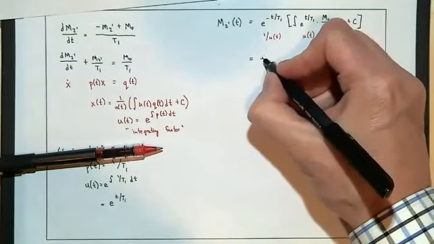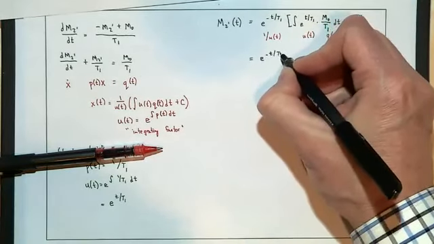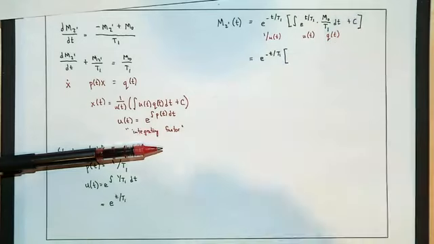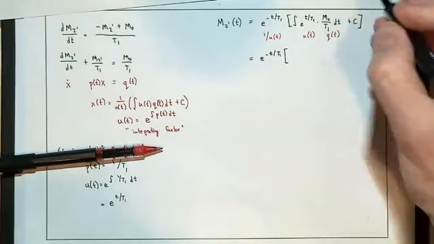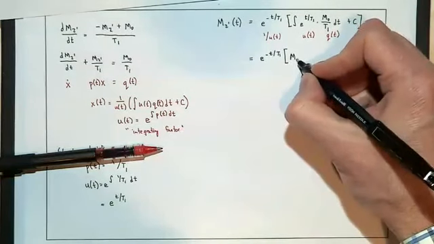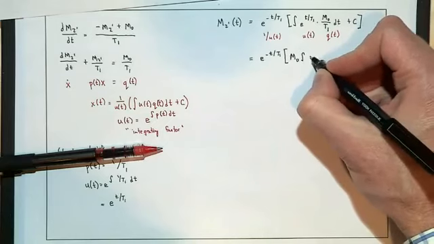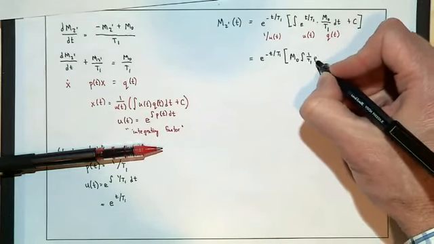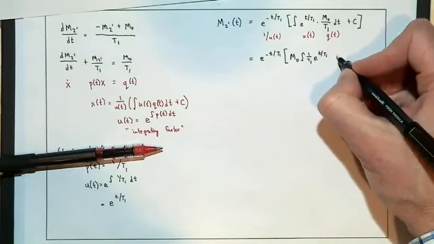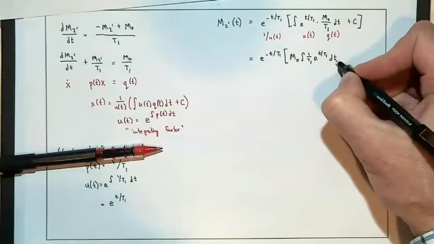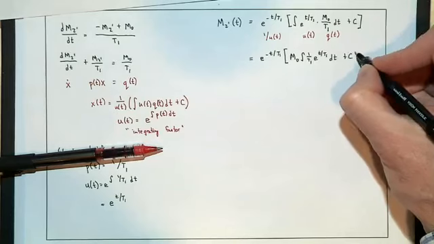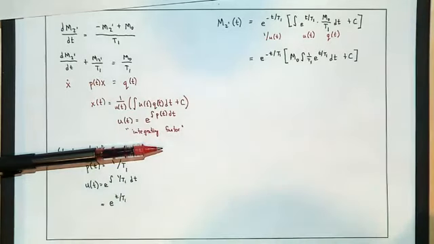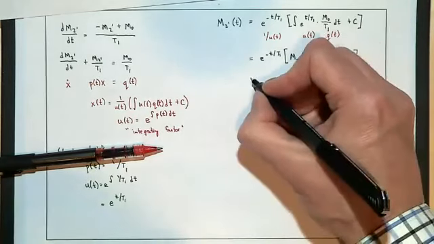Let's leave the e to the minus t over t1 in front. We'll pull the m0 out in front here and just see this as the integral of 1 over t1 e to the t over t1 dt. Still plus a constant. That was just rearranging some terms to keep my head on straight.